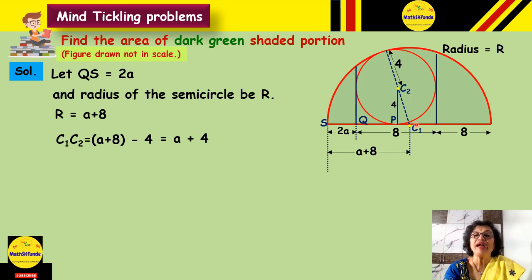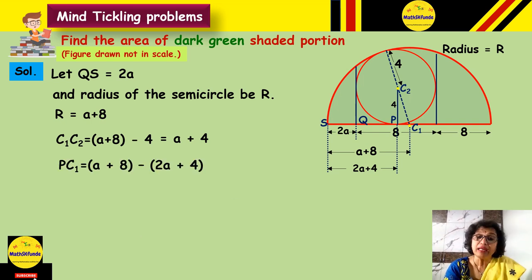PC1 is a plus 8 minus PS, is it not? And how much is PS? PS is 2a plus the radius of that circle, so PS is 2a plus 4, correct? Now PC1 would be a plus 8 minus (2a plus 4), and that gives me 4 minus a.